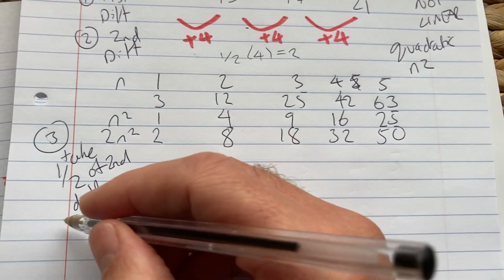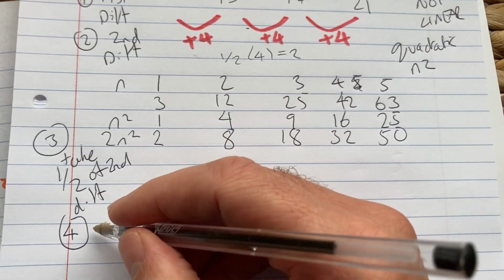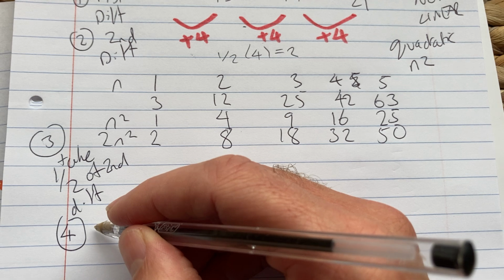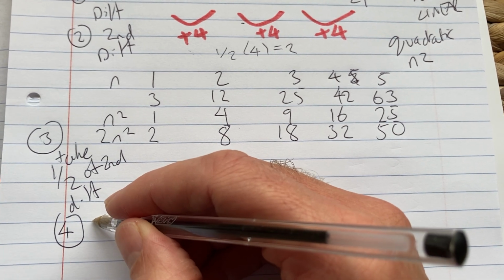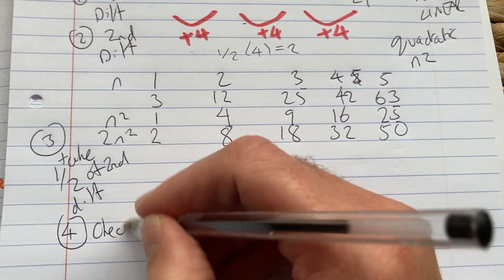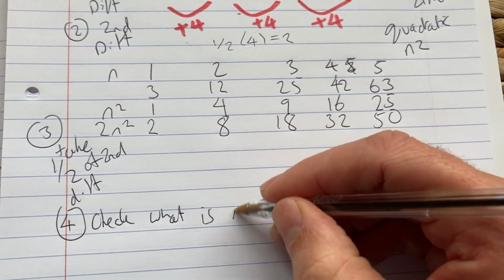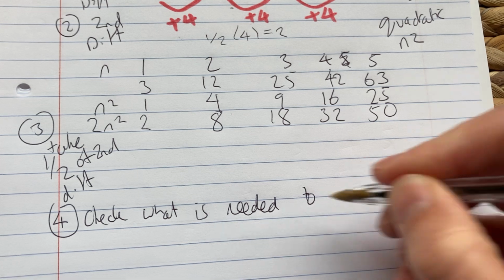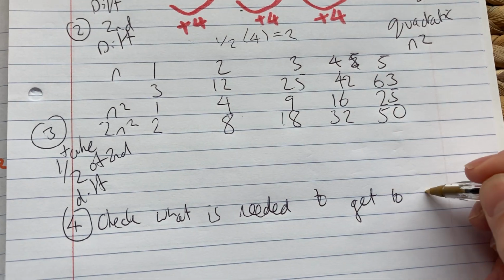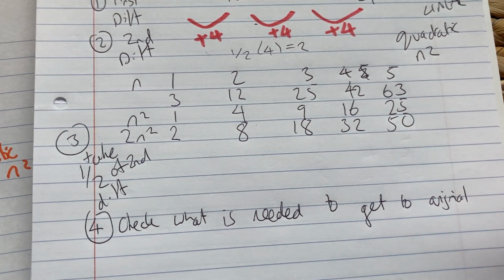Now what you do in the fourth step is you check what you need to add to get to the original.